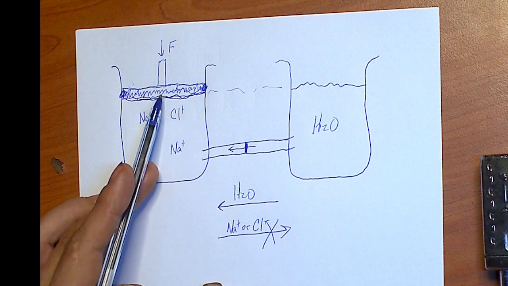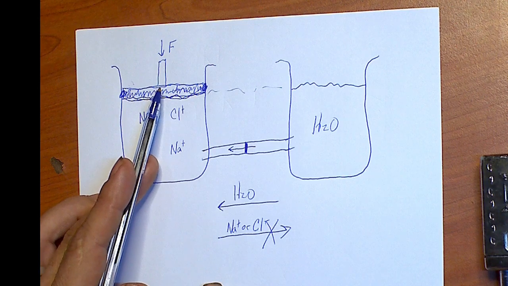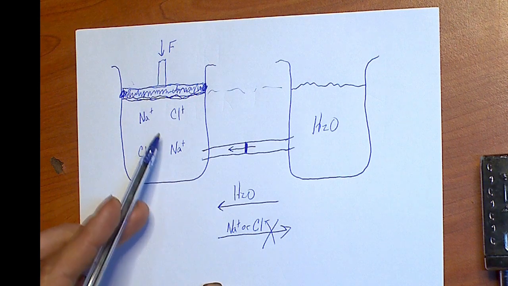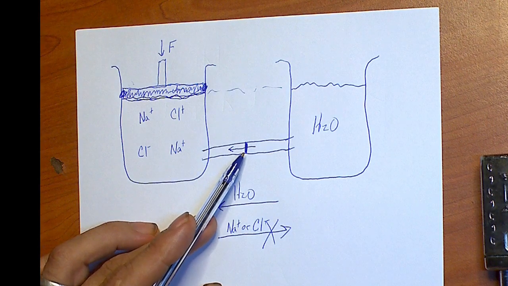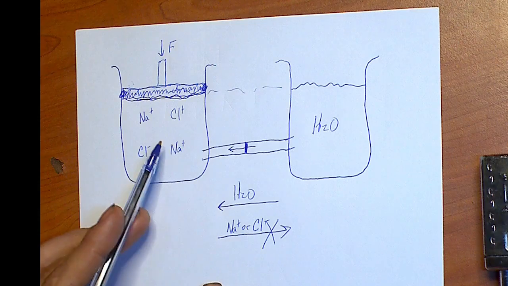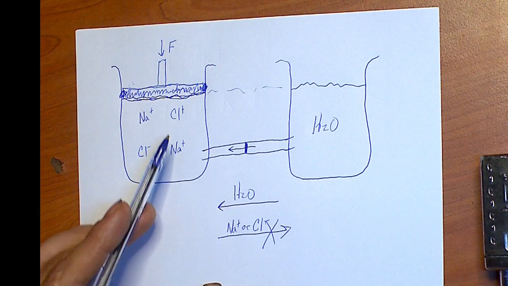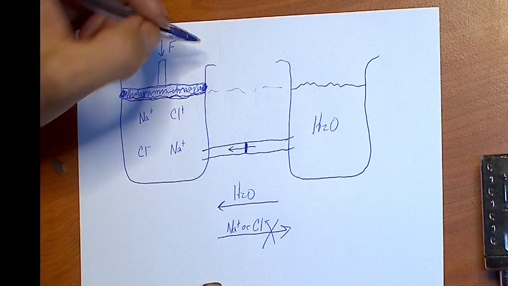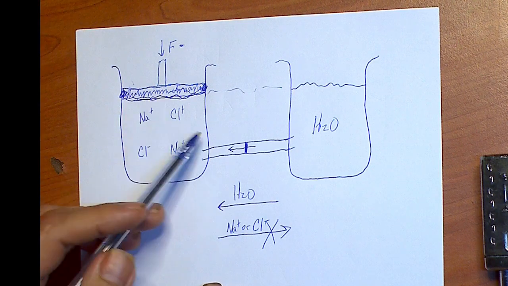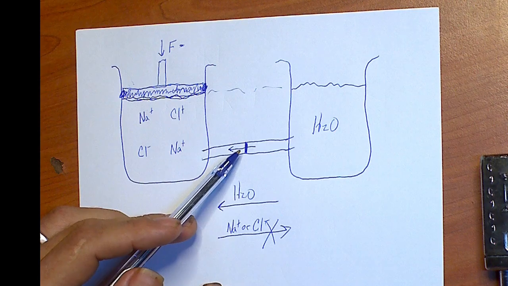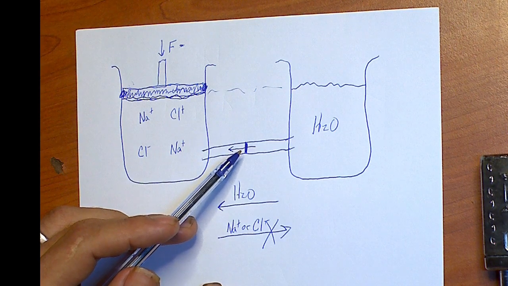And it turns out if I push hard enough, I can stop the water from coming through the membrane and expanding this solution. The pressure from this force that's necessary to stop the water from coming through this membrane is the osmotic pressure. Make sense? I think it does.